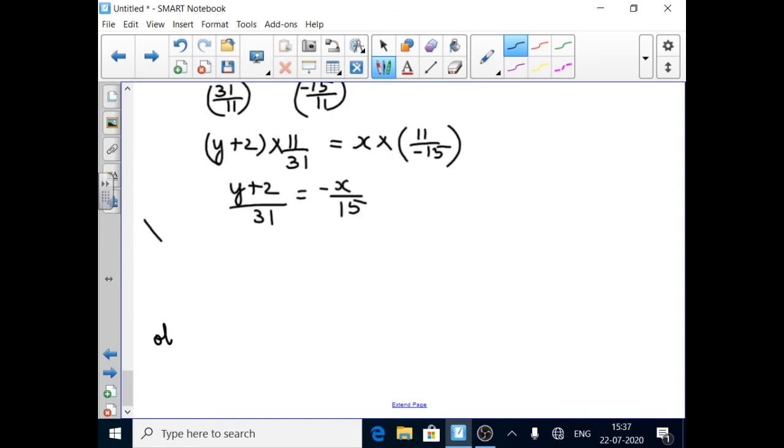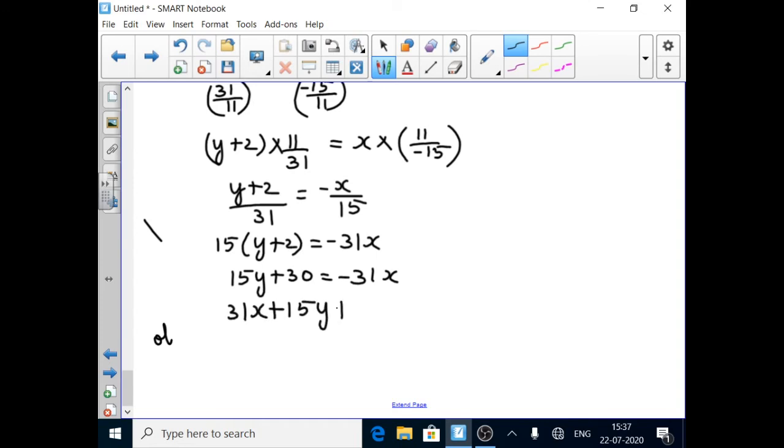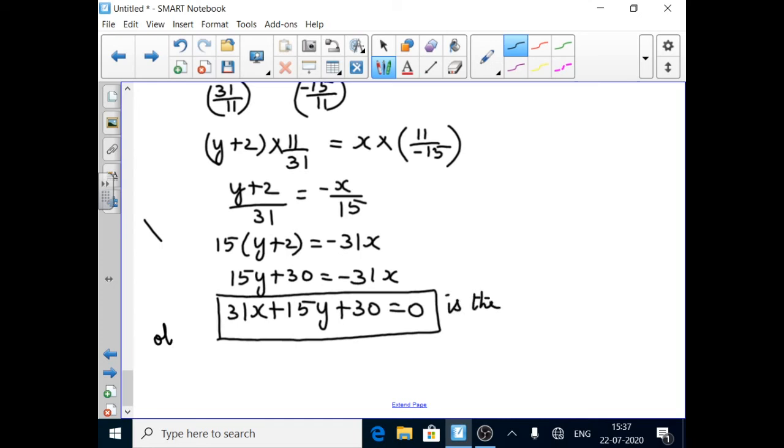Cross multiply: 15 into (y plus 2) is equal to minus 31x. 15y plus 30 is equal to minus 31x. Bring the x to this side. That is 31x plus 15y plus 30 equal to 0. 31x plus 15y plus 30 is equal to 0 is the equation of the required line.